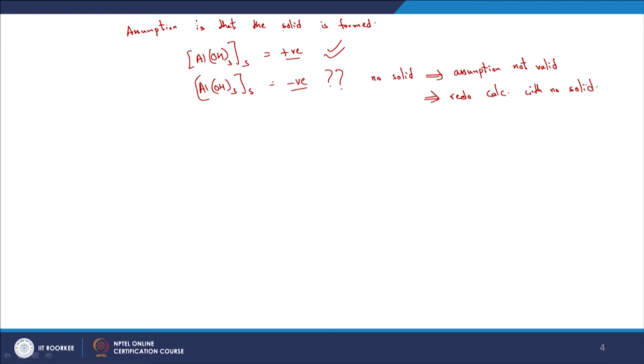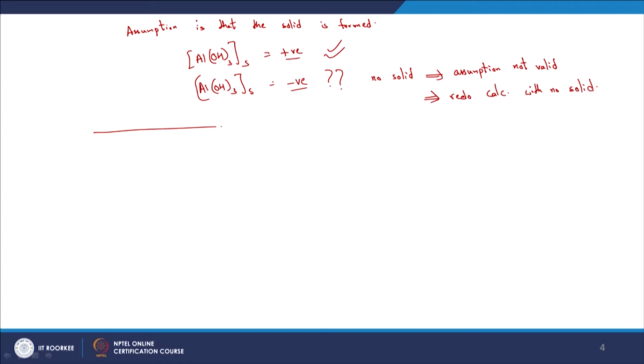So you can start with either of these assumptions. One assumption would be that there is no solid: solve for it, check the Q by K values, and then redo the calculations if necessary when Q by K is greater than 1, indicating that a solid is formed. Or you can go with the assumption that a solid is going to form, or precipitation occurs, and solve for the concentration of the solid that has precipitated out, right.